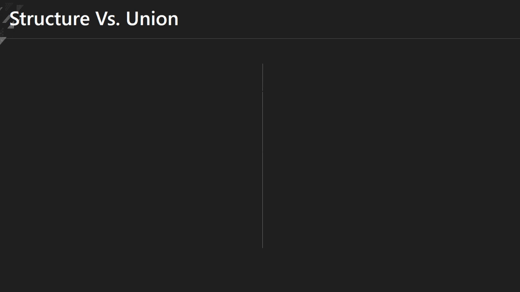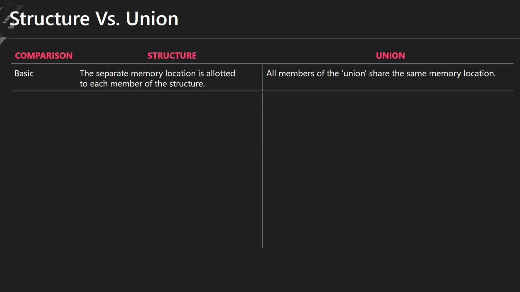Now you can see the comparison between structure and union. The first comparison is at a basic level. A separate memory location is allocated for each member of the structure, whereas in a union, all members share the same memory location.